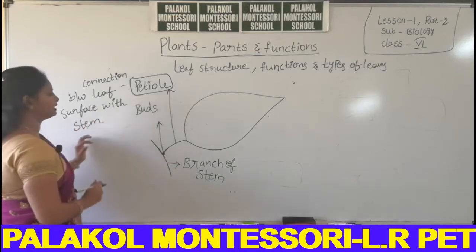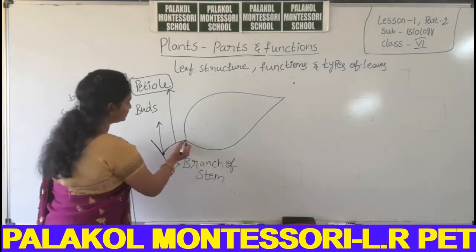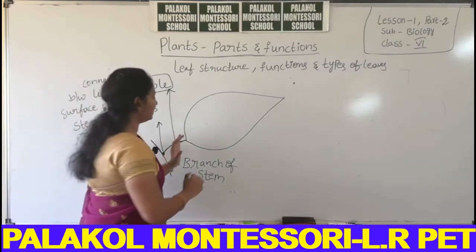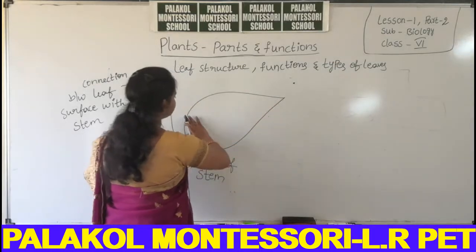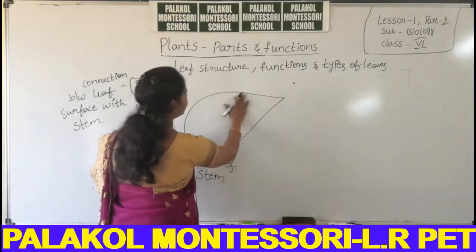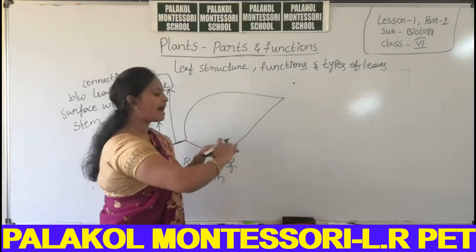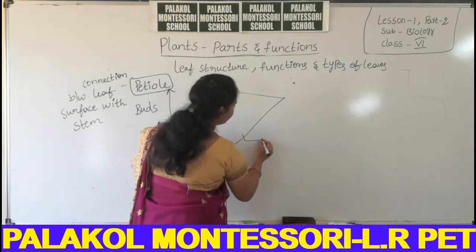This is the petiole. Then, this flat surface of the leaf is called the lamina.